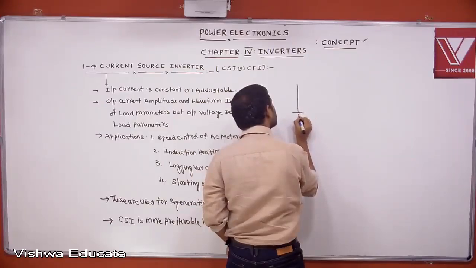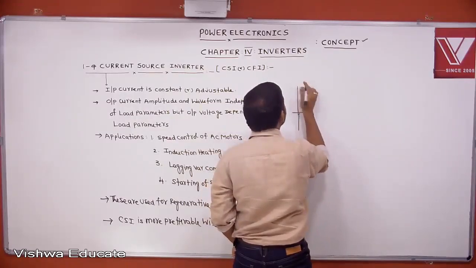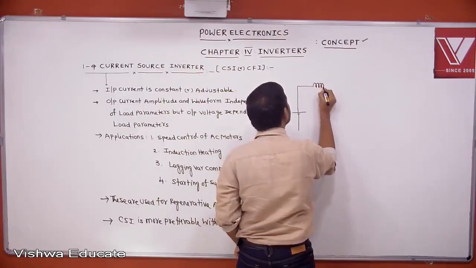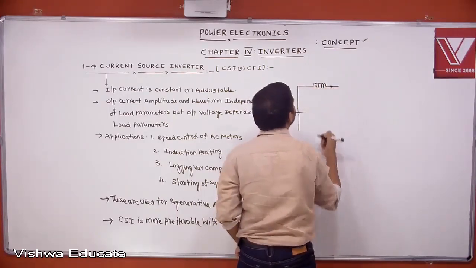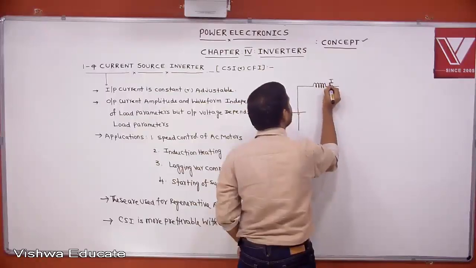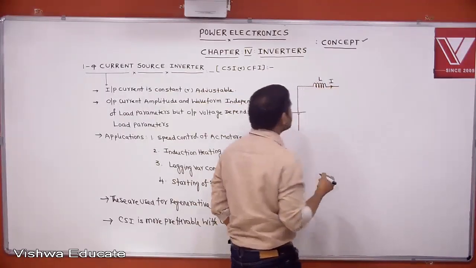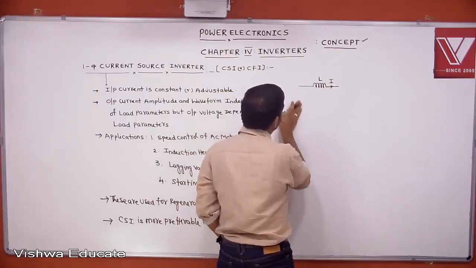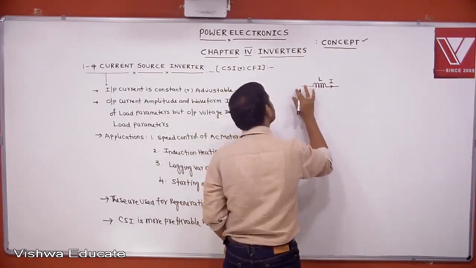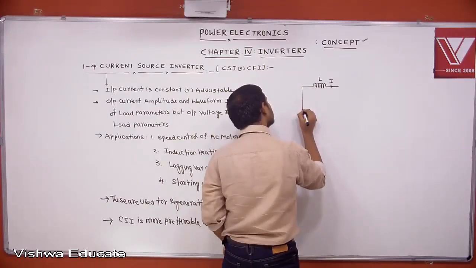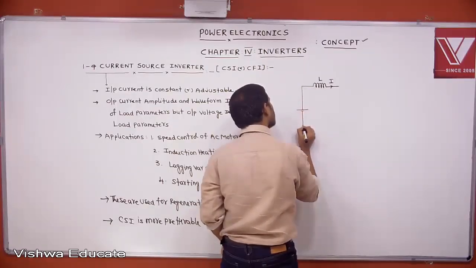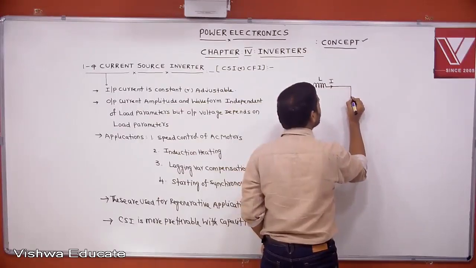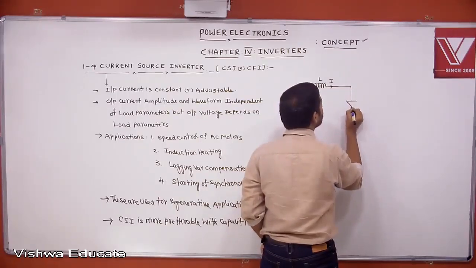A voltage source in series with a large inductor acts as a current source. Let this be I, and this is L. In a current source inverter, we don't have any feedback diodes. We are using only main switches.